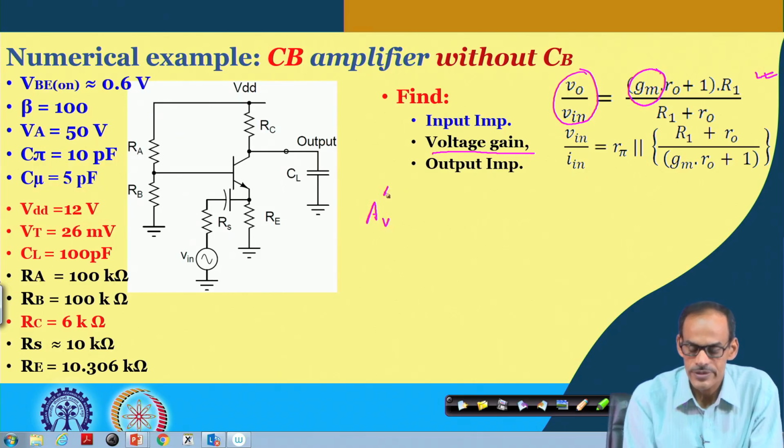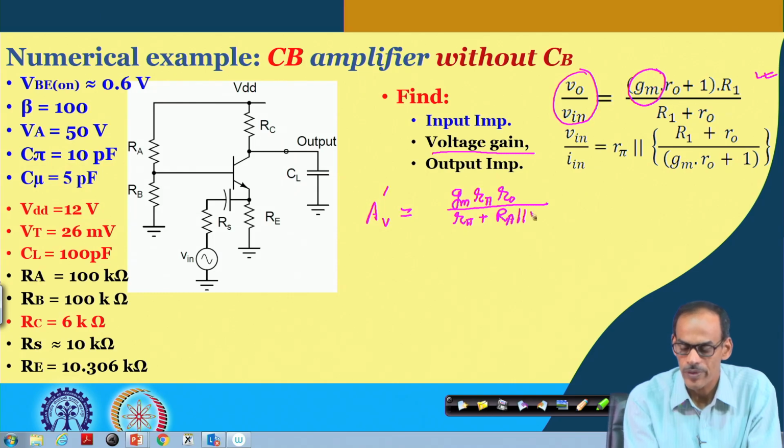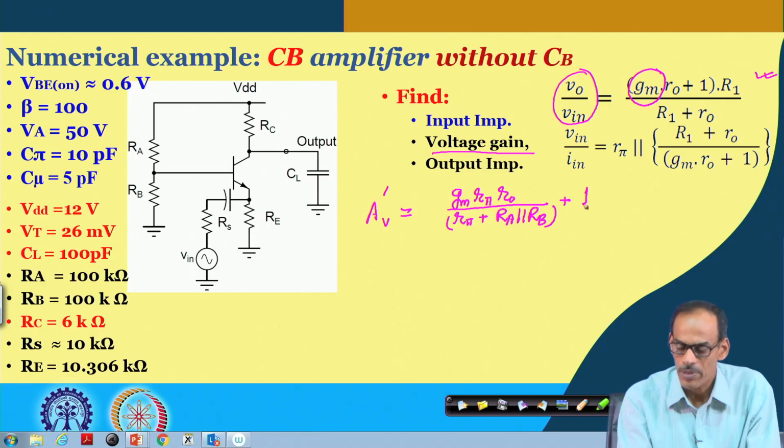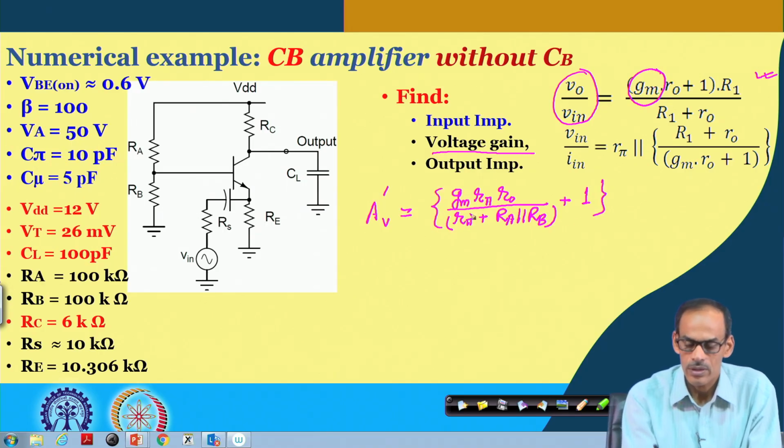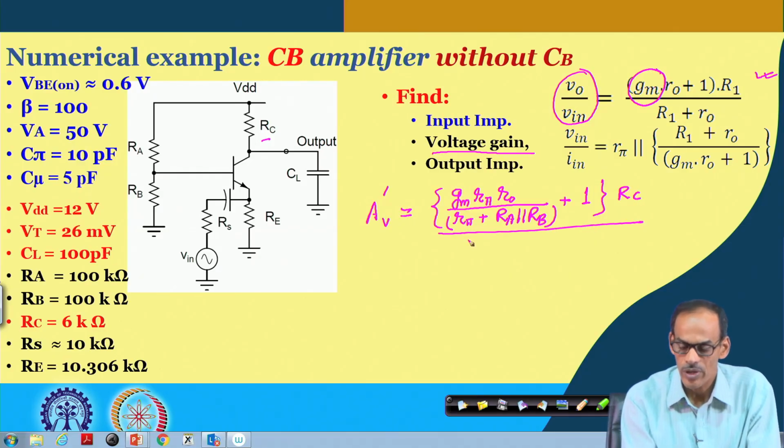So, let me call this AV dash, and the GM if we replace by GM into R pi into R naught divided by R pi plus R A in parallel with R B, then we do have plus 1, and then R 1 is essentially R c. So, we can put this R c here, and then here we do have R c plus R naught.